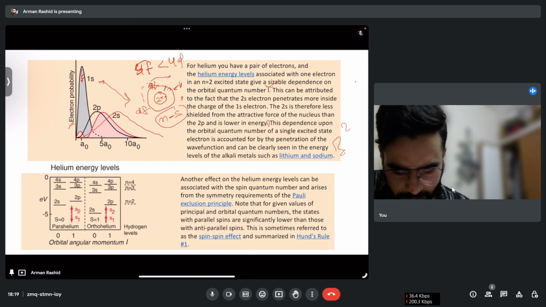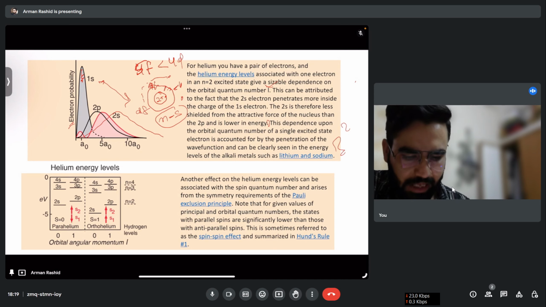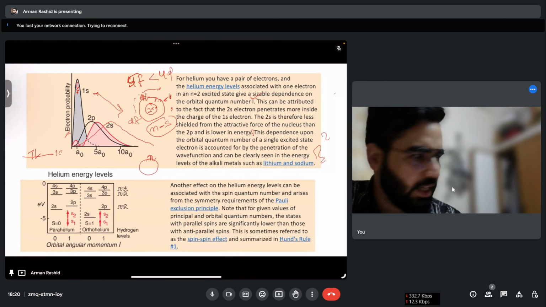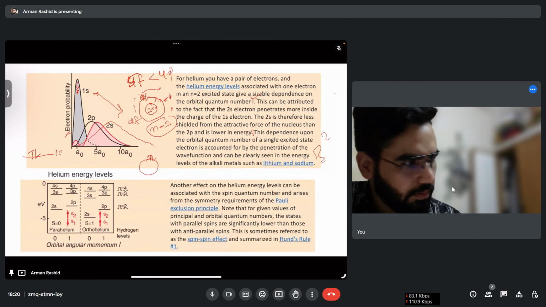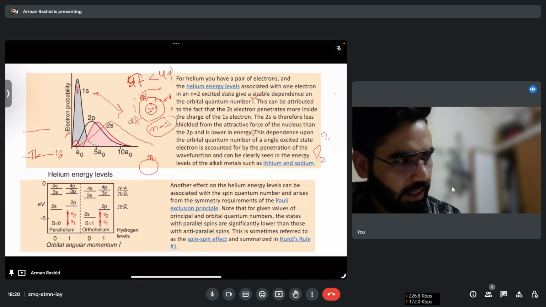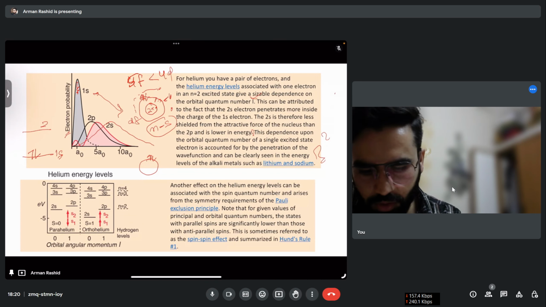So for example, we will take the helium atom. It has two electrons in its 1s level. Now there is another orbital here, that is 2p.